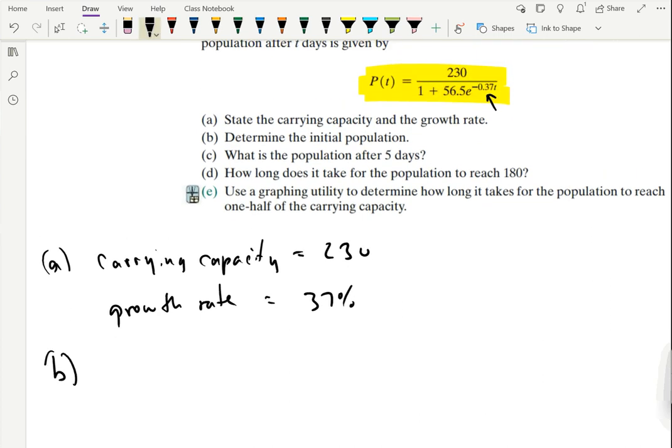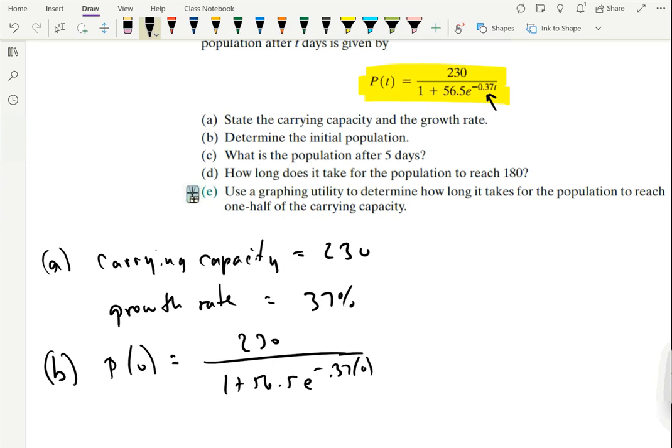For letter B, we want to know what's the initial population. So the initial population is at time 0. At time 0, that would be 230 over 1 plus 56.5e to the negative 0.37 times 0. If I plug 0 in for time, 0 needs to go in for time over here also.